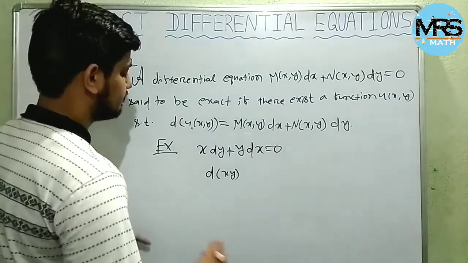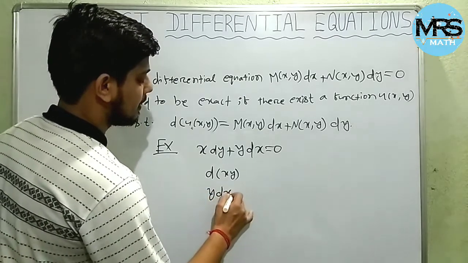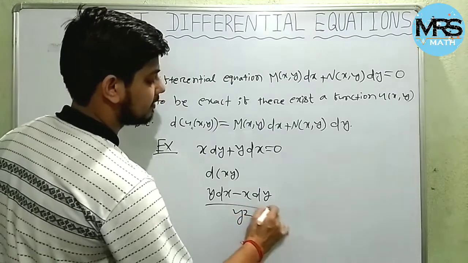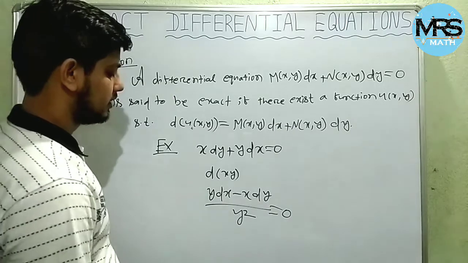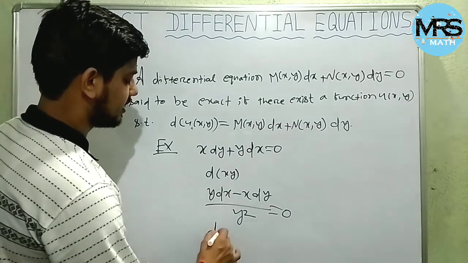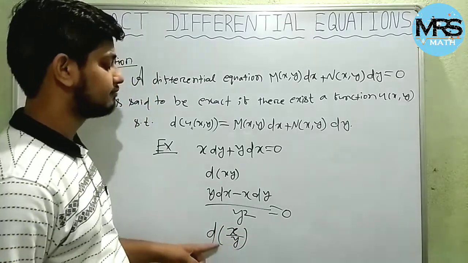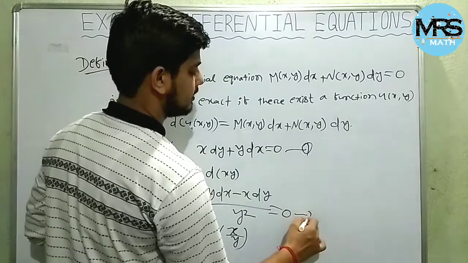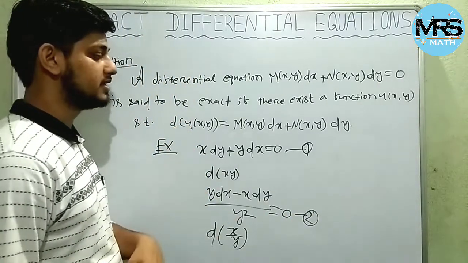If you take another simple example, (y dx - x dy)/y² = 0, this one also we can write as d(x/y), yes or no. So these differential equations 1 and 2 are exact differential equations.